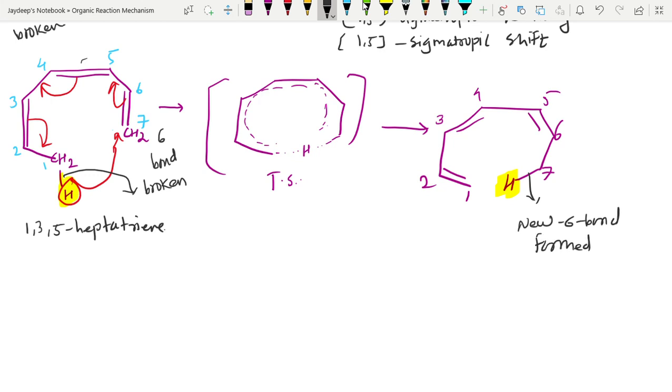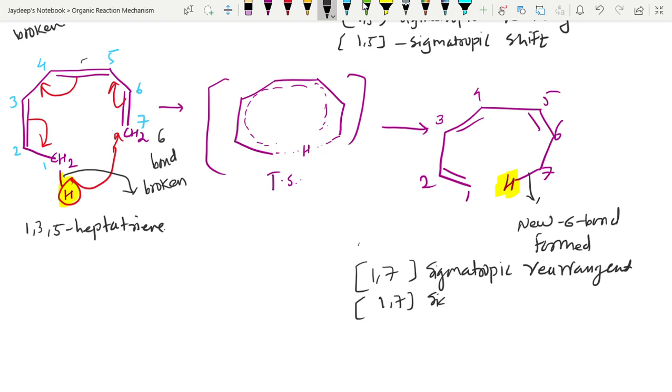So this is a 1,7 sigmatropic rearrangement, where the hydrogen from position 1 is migrated to the 7th position, or a 1,7 sigmatropic hydrogen shift.